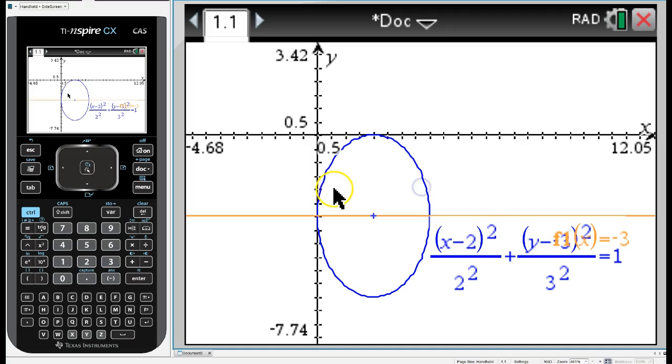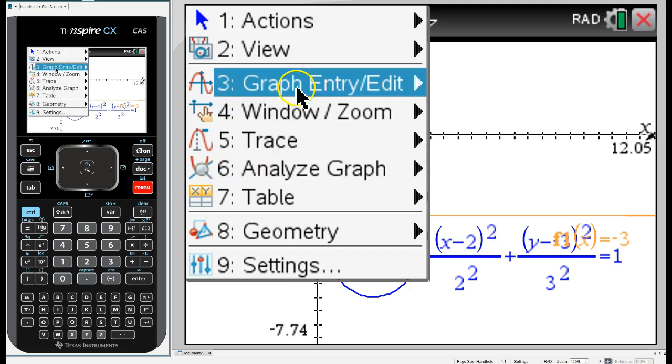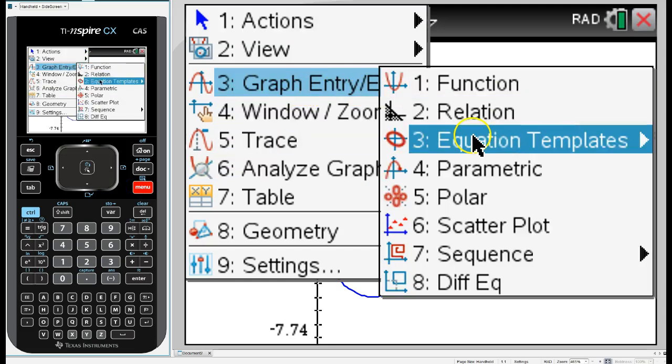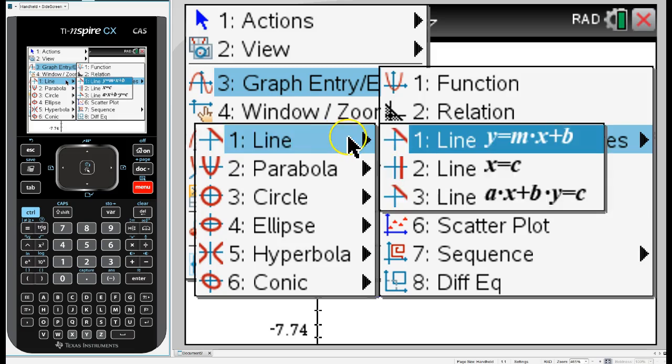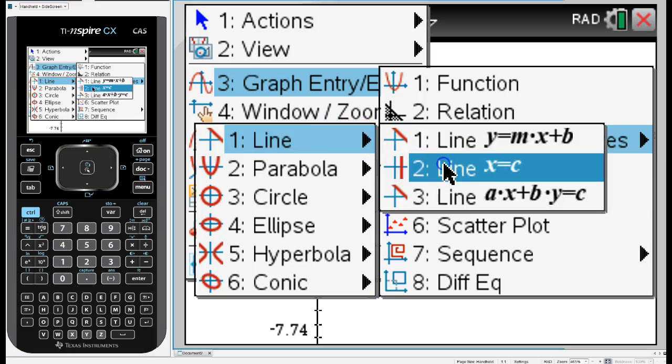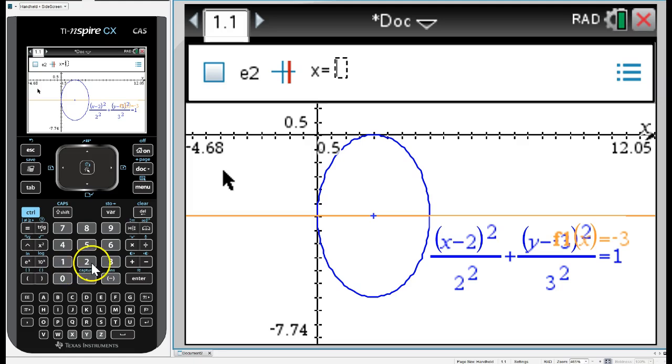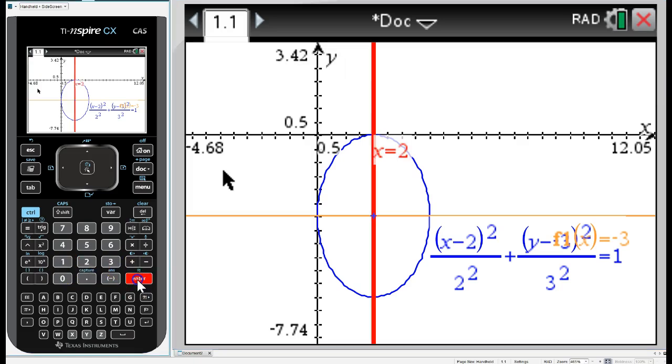Well, that's a nice color. Let's go with orange. Okay, and then I need to graph the major axis, which is a vertical line. So in order to do that on my calculator, I'm going to go to my line template and pick vertical line, x equals c. In this case, x equals 2. And there you go. We have our major axis.